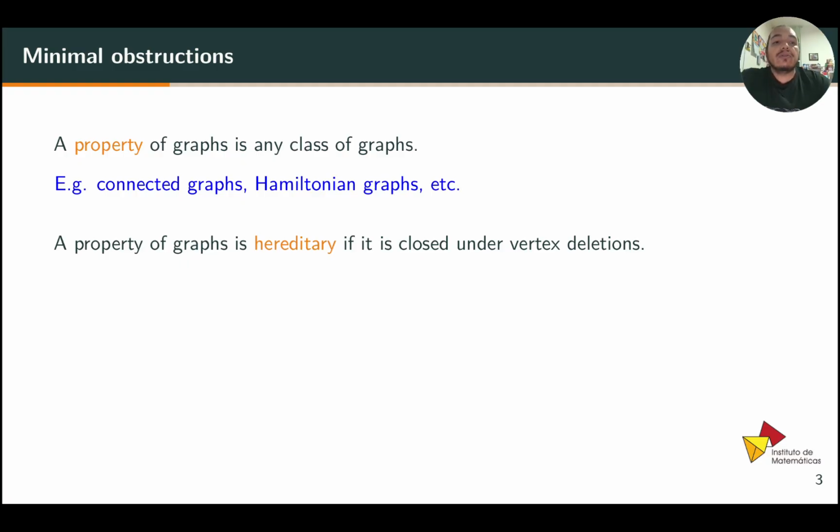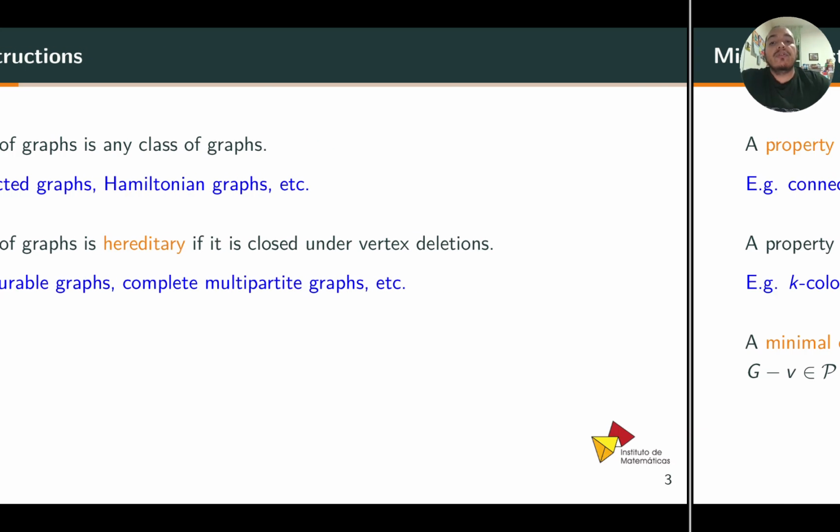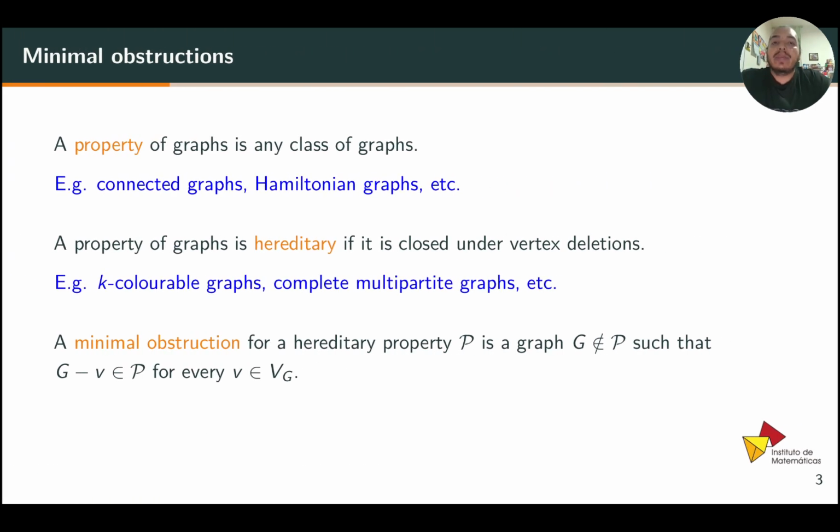But there are also some interesting properties of graphs which are hereditary. For example, the property of being a k-colorable graph, in particular the bipartite graphs, or the property of being a complete multipartite graph. For any hereditary property of graphs, we can define the minimal obstructions of that hereditary property as the graphs that don't have the given property, but such that for any vertex, if we delete that vertex, we obtain a graph with the hereditary property that we are studying.